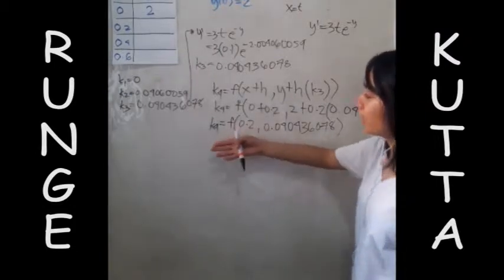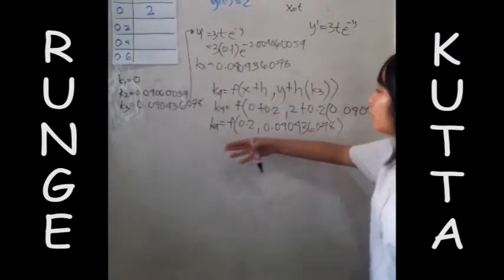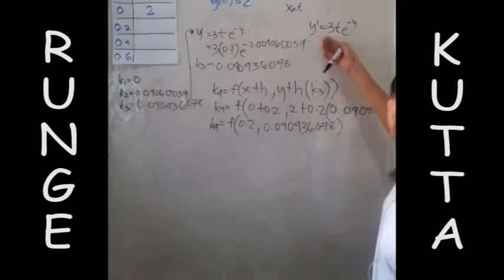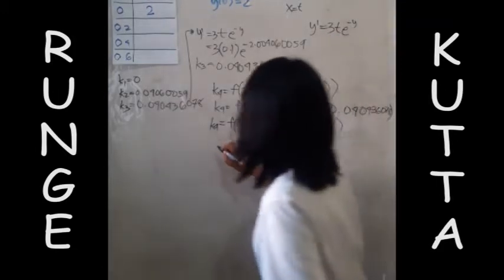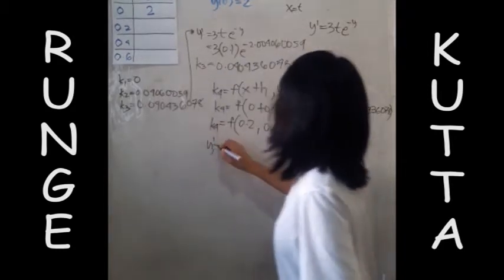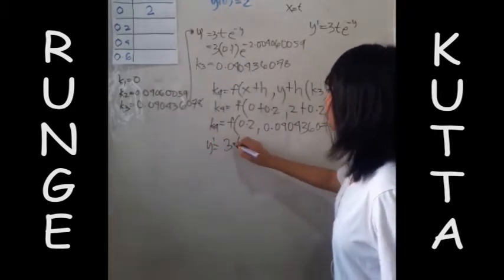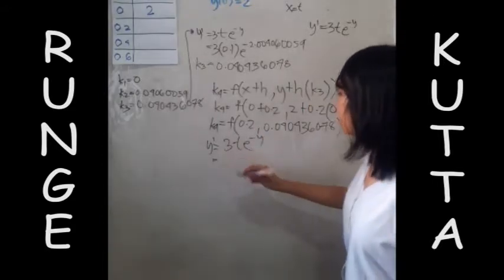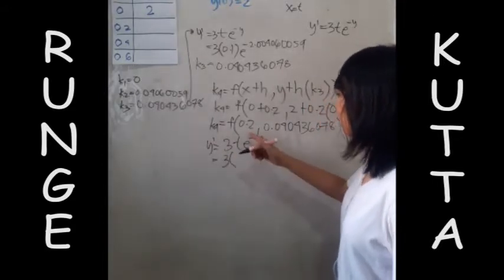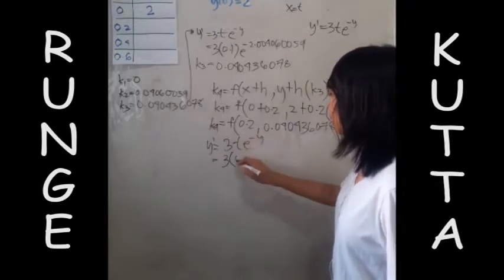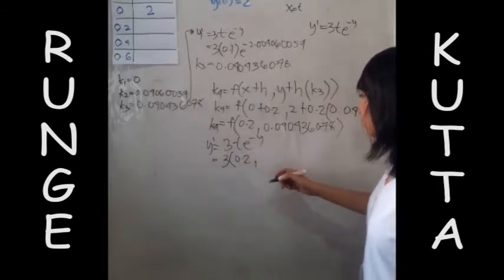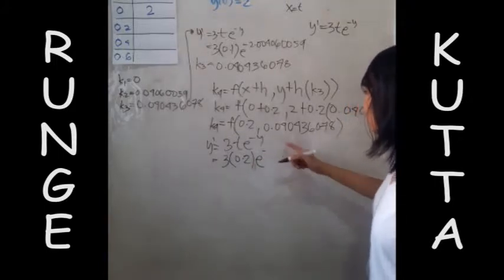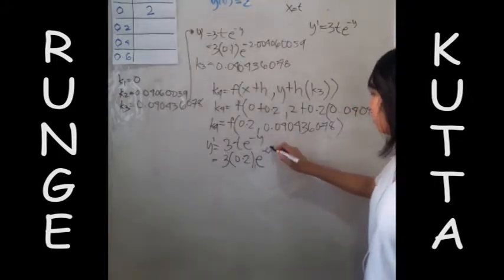And we will again substitute these coordinates to this equation. So y prime is equal to 3t e negative y. So let's substitute. So 3 multiply the t. Our t here is 0.2, e negative y.